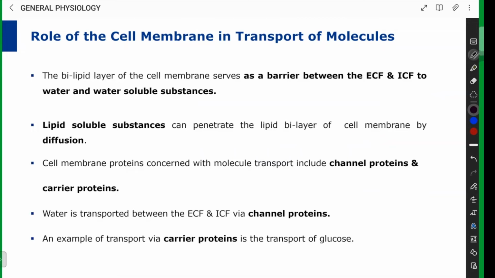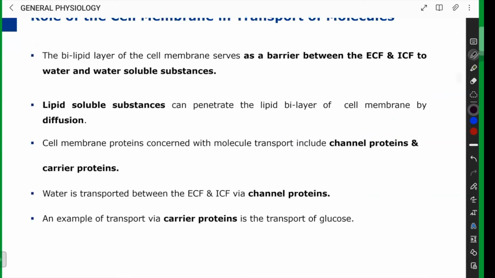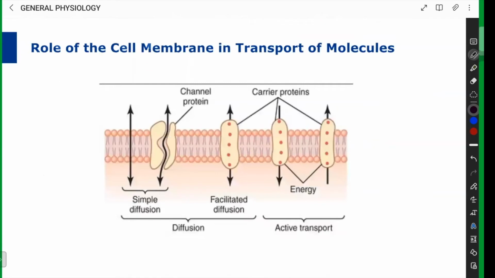Whereas the substance that does not easily penetrate the lipid bilayer has to move toward a carrier. So who is going to act as a carrier? Your transmembrane proteins act as carriers. The carrier proteins are going to facilitate carrier diffusion.